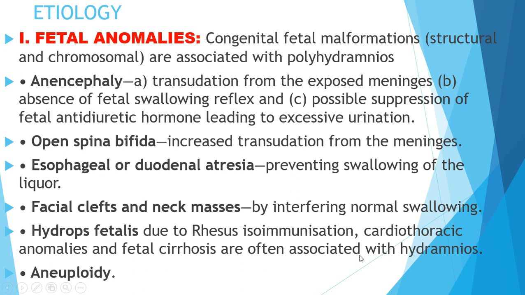Hydrops fetalis due to rhesus isoimmunization, cardiothoracic anomalies and fetal cirrhosis are often associated with it. That also may lead to hydramnios. Then aneuploidy, a chromosomal abnormality, the excess chromosomal anomaly. So these are the fetal anomalies.